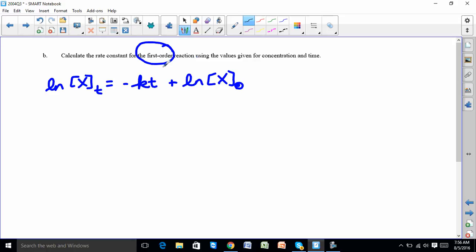Now they want you to solve for the rate constant, which is k.